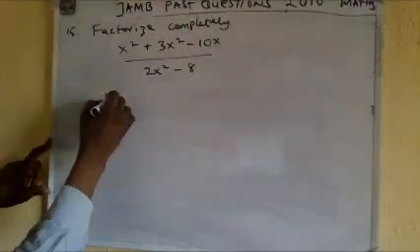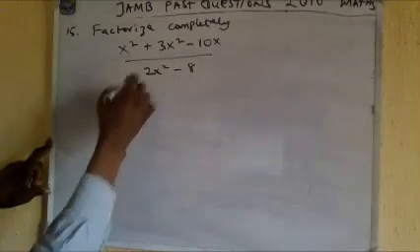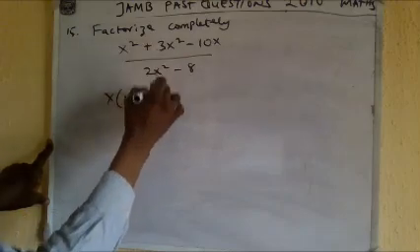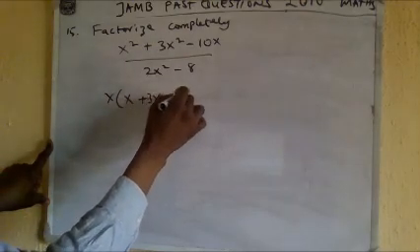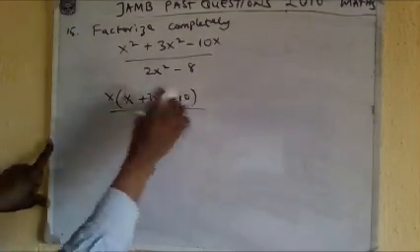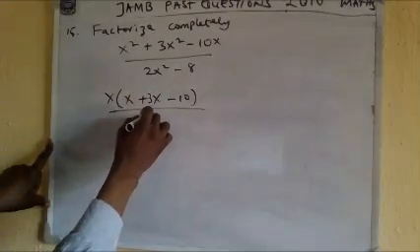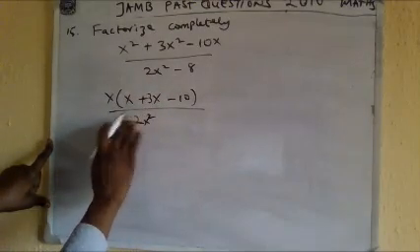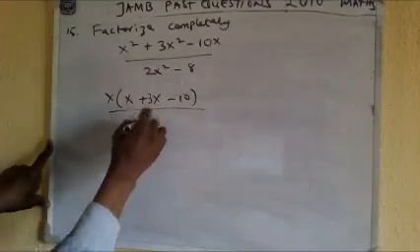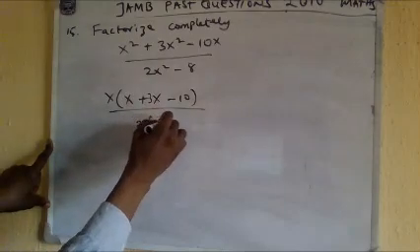So I just take x outside, then I write the remaining things up as x plus 3x minus 10. So that's what's remaining. All over, this one is 2x squared. Okay, so let me factorize this one. 2 is common here. So if I put 2 outside, what's left is now x squared minus 4.